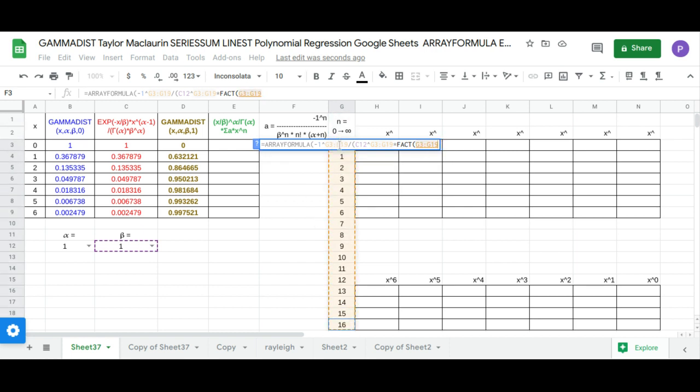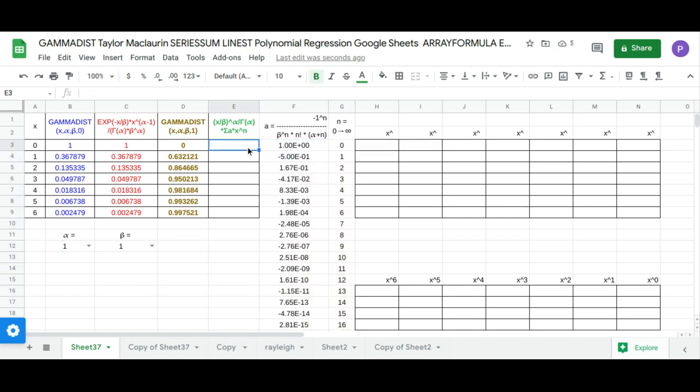And finally, the third part, which is the quantity alpha plus n. And enter.